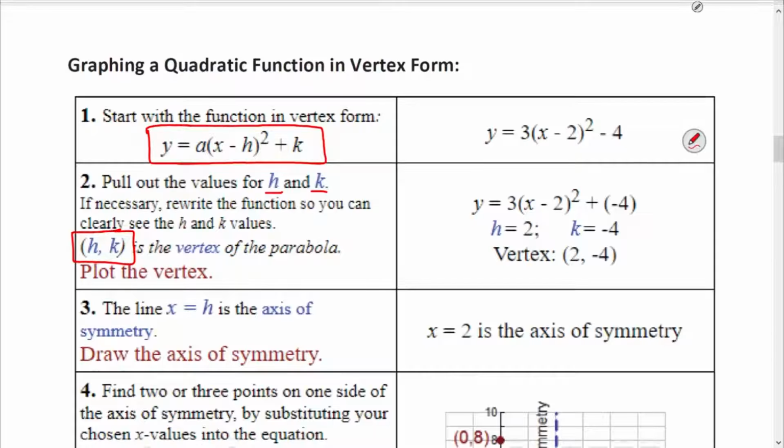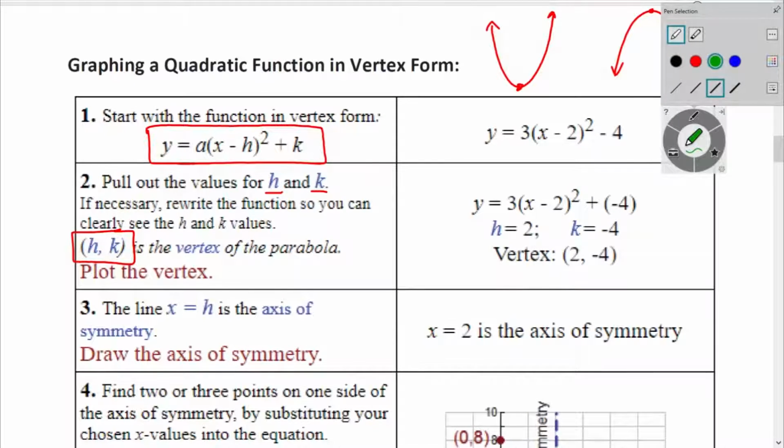Now, the vertex of a parabola is that bottom of the valley point or top of the peak point of the parabola, which is very useful. Okay. Now, one rule of thumb that I tend to teach and tend to use is that when things are in parentheses, then we tend to be switching signs a lot, having to do with, at its core, the zero product property.